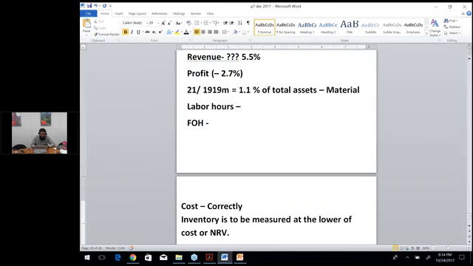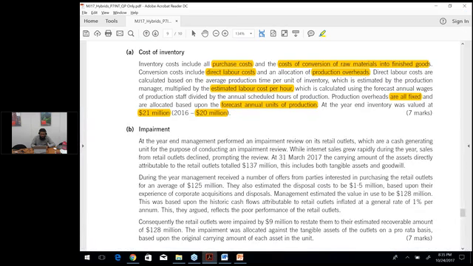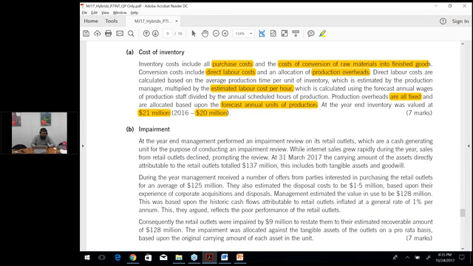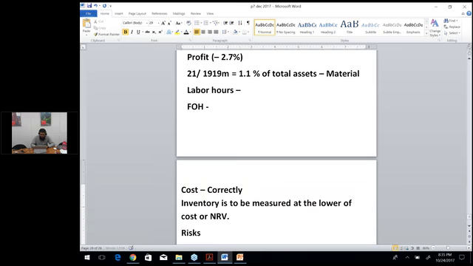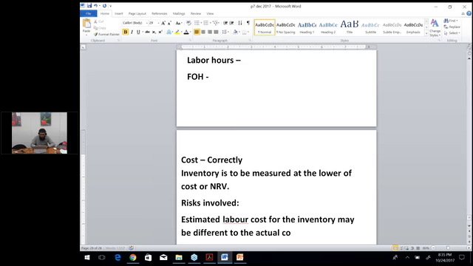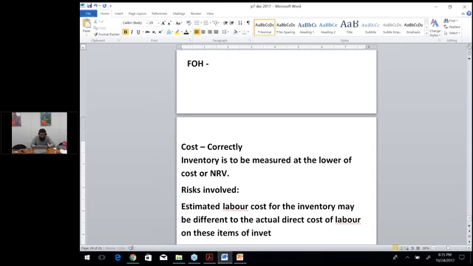The inventory is to be measured at the lower of cost or NRV. Furthermore, the risks actually involved here are: the estimated labor cost for the inventory may be different to the actual direct cost of labor on these items of inventory.